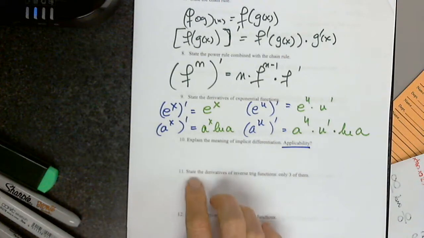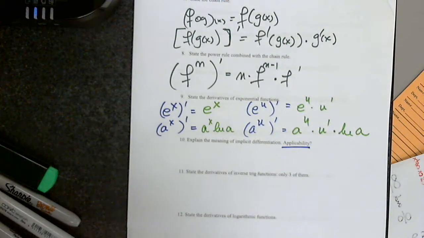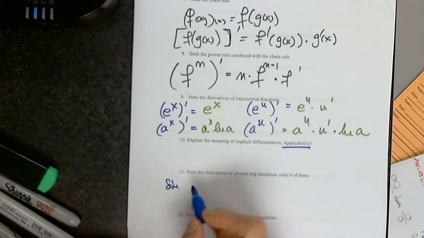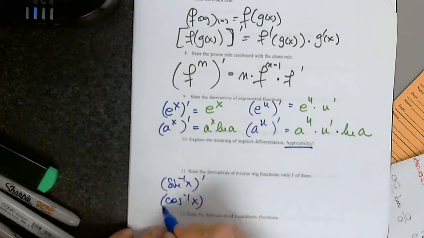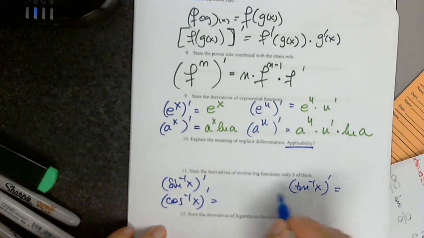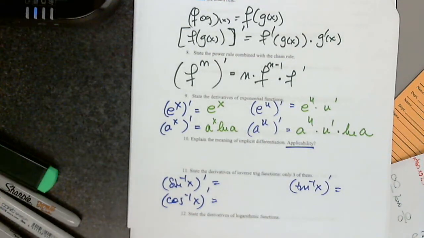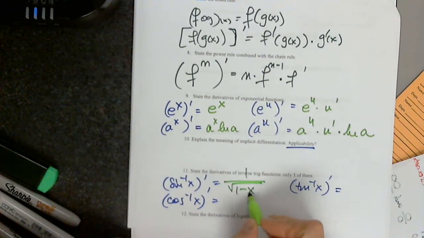State derivatives of inverse trig functions, only 3 of them. So I want sine inverse x prime, cosine inverse x prime, and tangent inverse x prime. The first one. Very good. 1 over square root of 1 minus x squared.